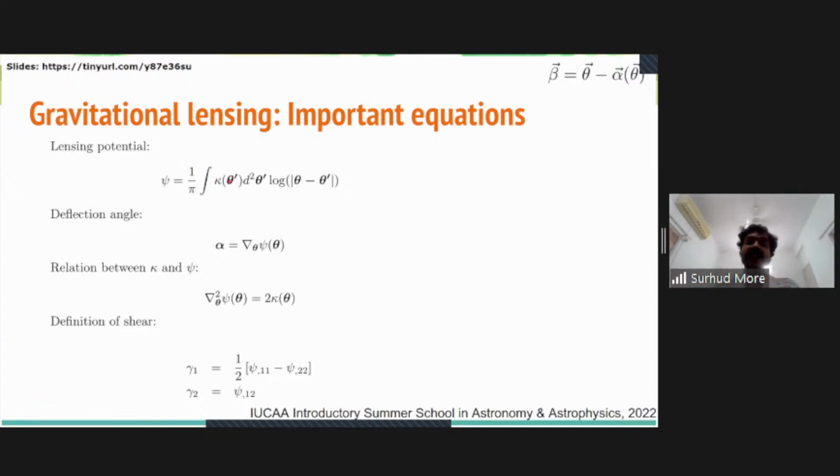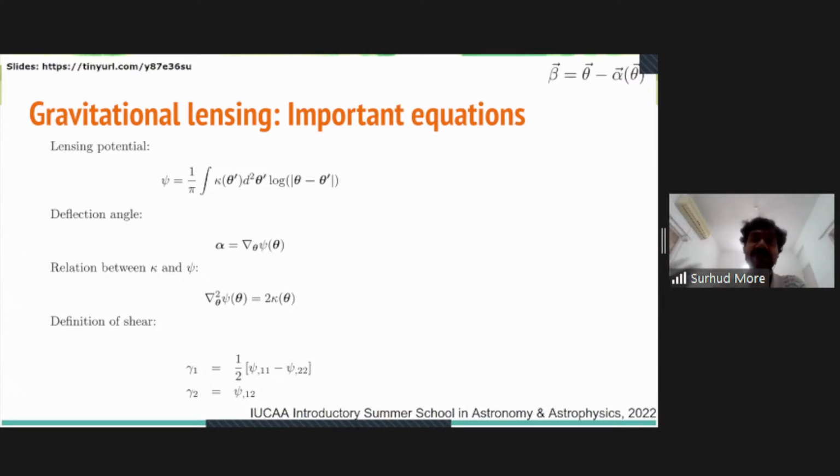The surface density tells you about the mass distribution in the lens plane, and the critical surface density is a function of the distance to the lens, the distance from the lens to the source, and the distance to the source itself.